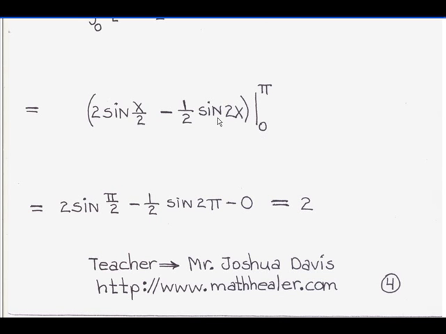So we recognize that the sine of 0 is simply 0. We also see here that the sine of 2 pi is also 0. So that goes to 0. We see here that the sine of pi over 2 is 1. So we now have 2 times 1. So we see here that the value of the integral that we were interested in is equal to 2.